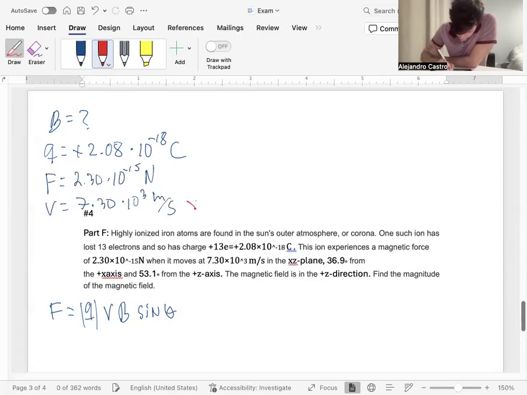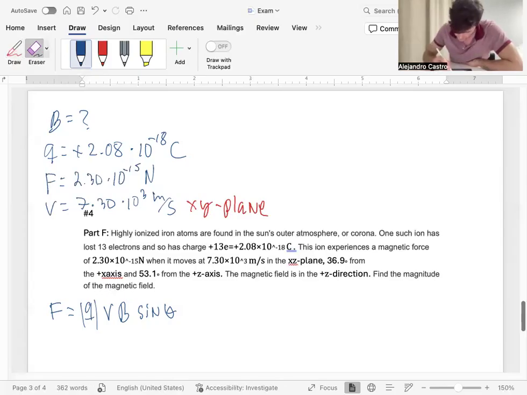And the direction is in the xz plane. No, a mistake.